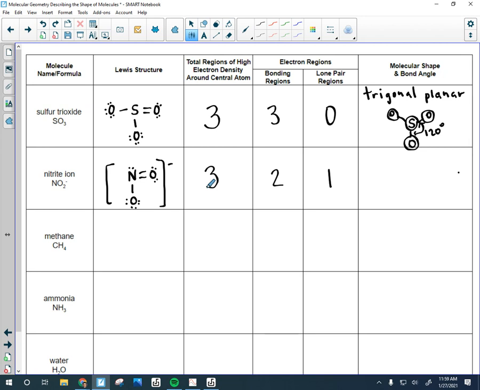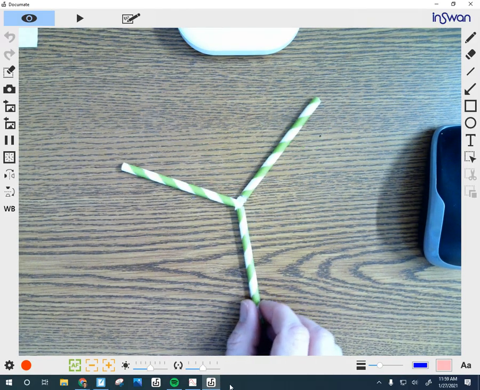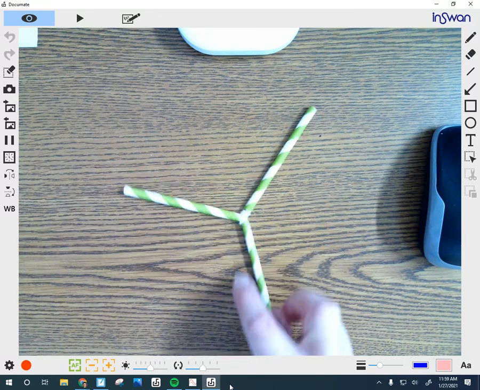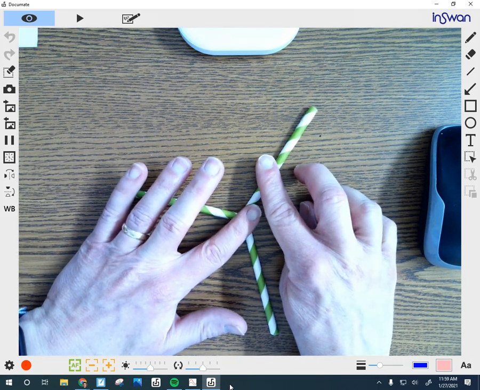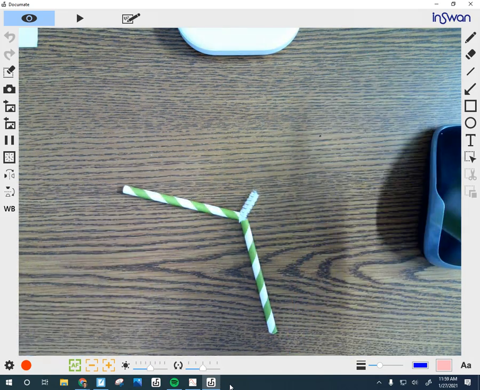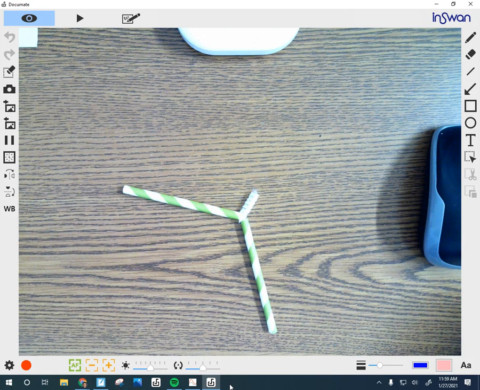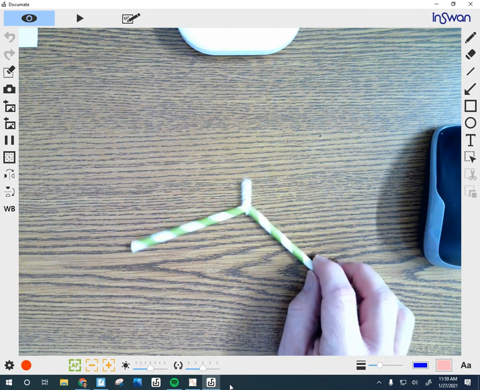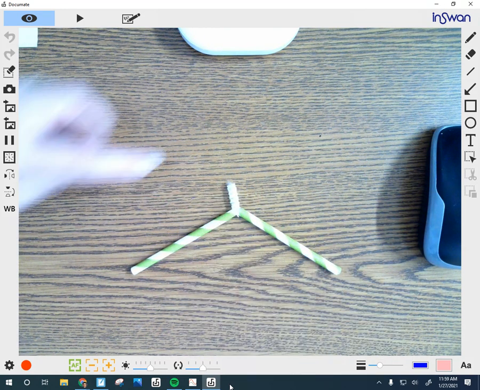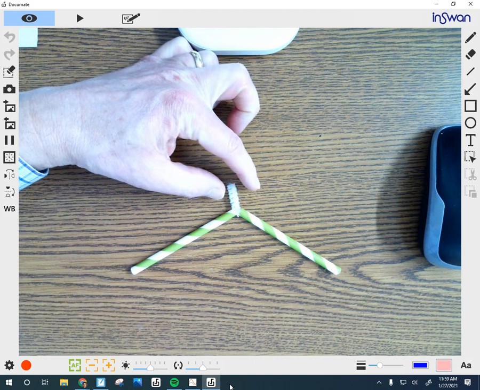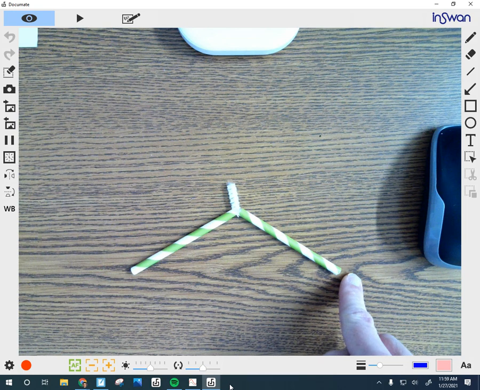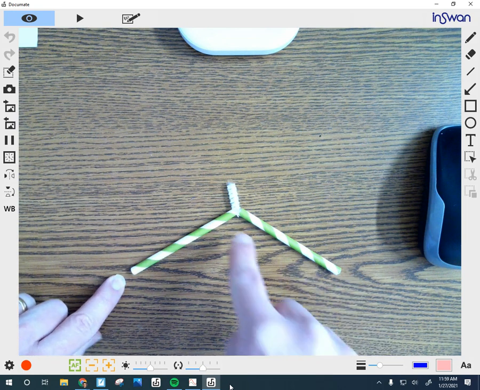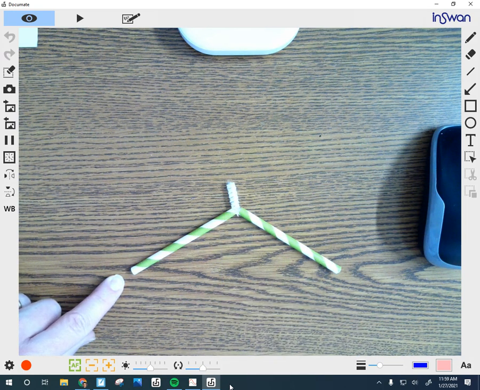The 3D shape that we would make with the models, so sulfur trioxide, sulfur, 3 bonds. The only difference here is instead of having a 3rd bond, one of these is a non-bonding pair. So I'm just going to take that bond away, and this is actually the shape of the molecule. This part where you just see the pipe cleaner would be your non-bonding pair, your lone pair, and then you have an oxygen here and here, and a nitrogen in the middle. Okay.